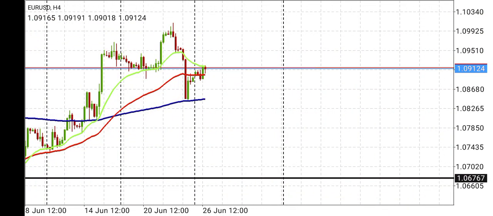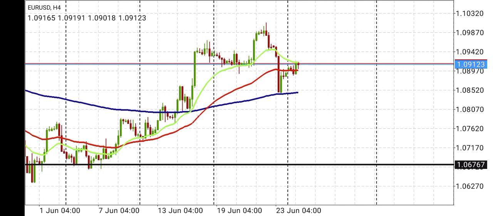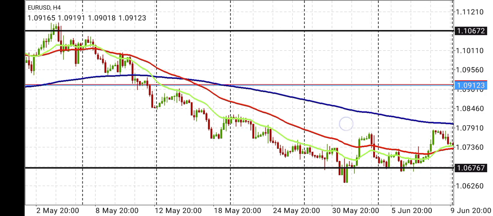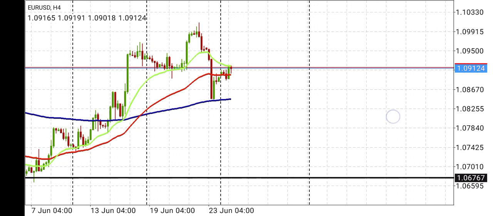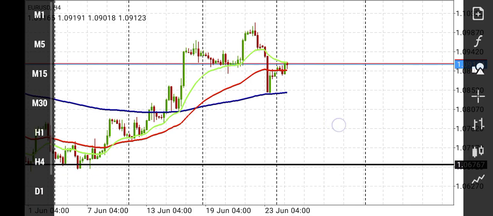So now what's next? You've successfully drawn your support and your resistance on your D1, and you've come to your H4 for confirmation, and it is vividly visible to you.